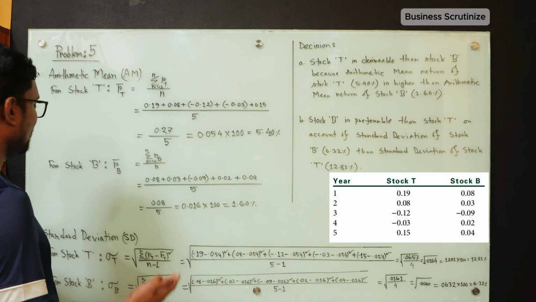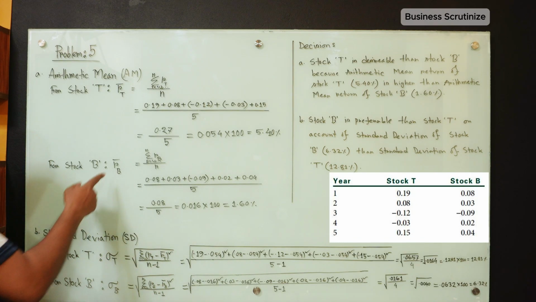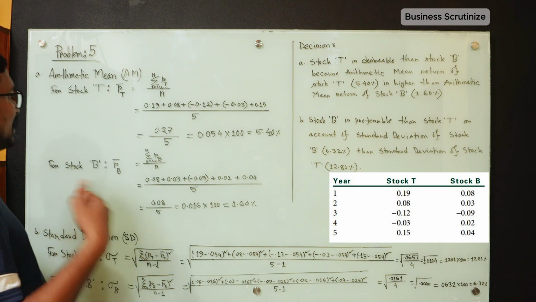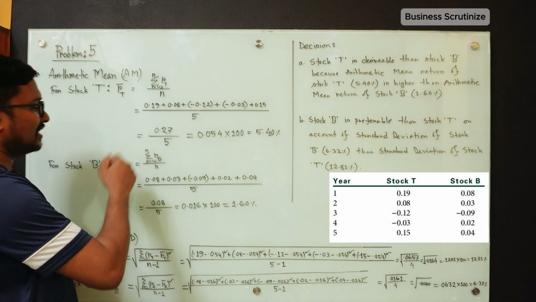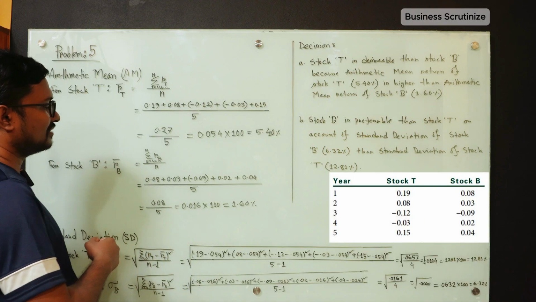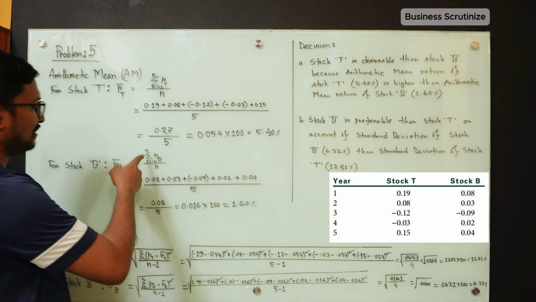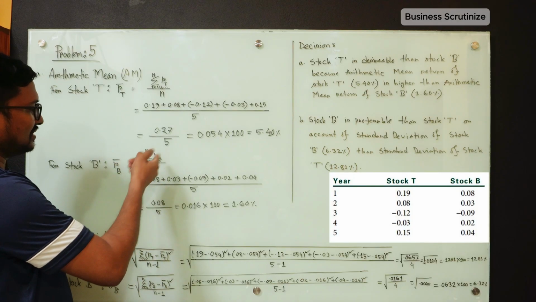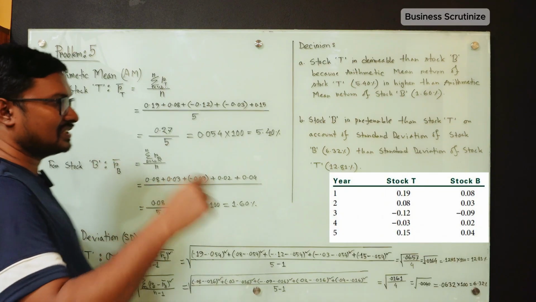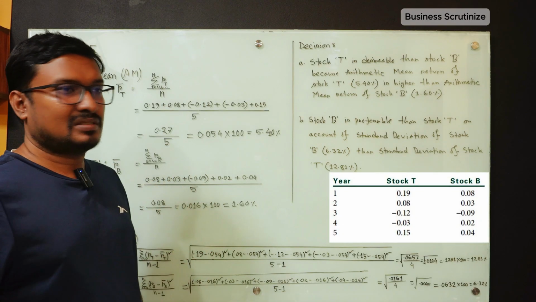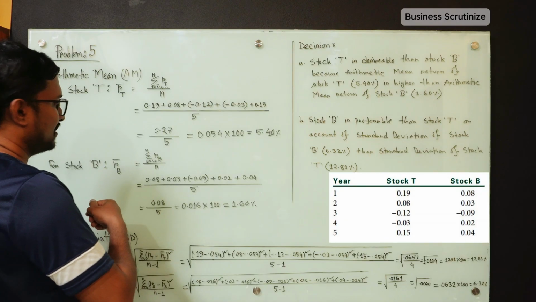Now we come to the computation, in a similar way, for stock B. Again, R bar B, the arithmetic mean for stock B. We can write the sum of R B divided by the number of years or number of returns. As many returns as we have, we just sum in the numerator.